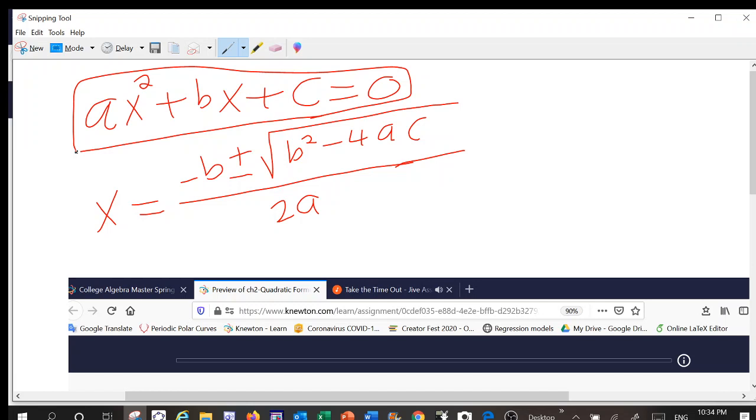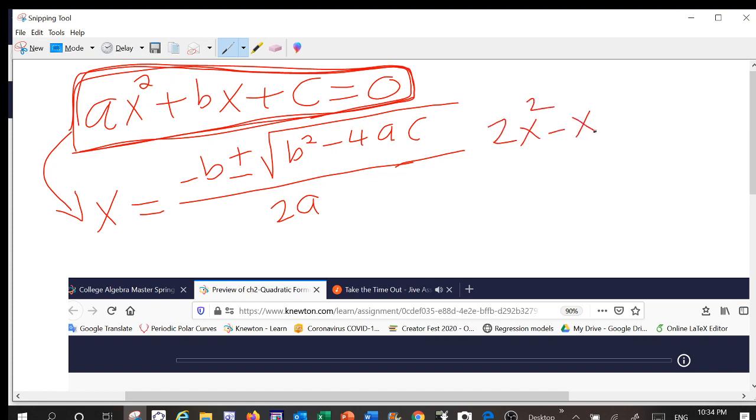Now, this way, if we apply the completing the square to this equation once, then we end up with a formula that we can always use. All right, now remember, this formula only works if your equation is in this form. If the equation is not in this form, let's say we have 2x squared minus x equals 5.